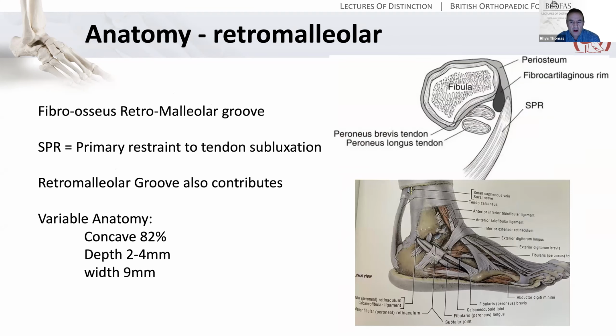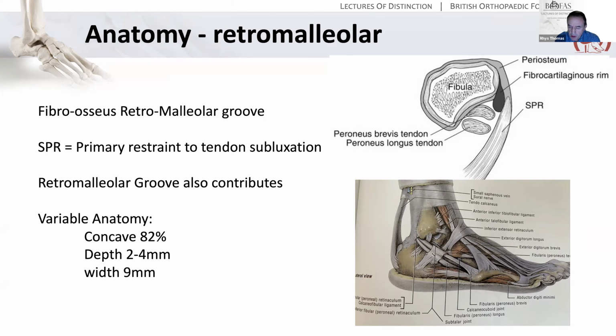In the retromalleolar region, this is where they tend to run in a more fibro-osseous retromalleolar groove. This is comprised of the superficial peroneal retinaculum, which is the primary restraint to tendon subluxation. There is also a fibrocartilaginous lip, which tends to help to deepen the retromalleolar groove.